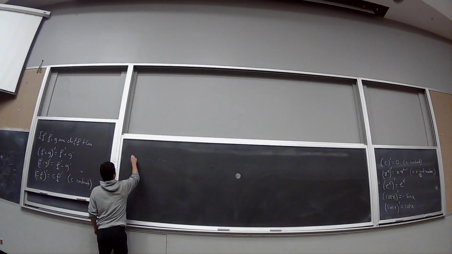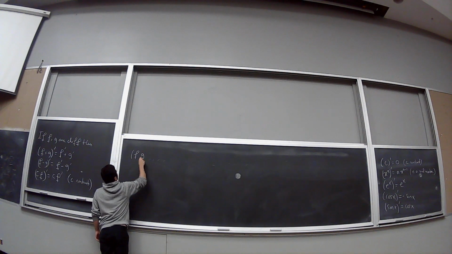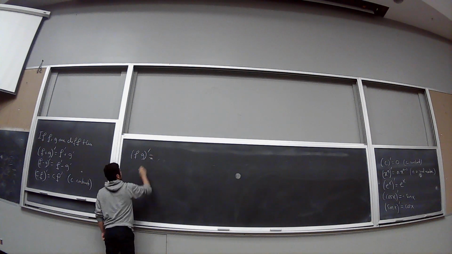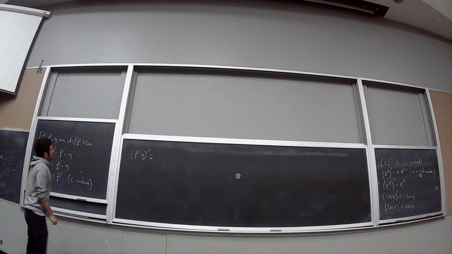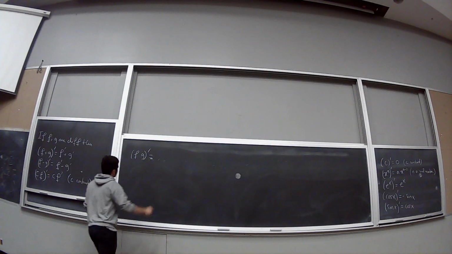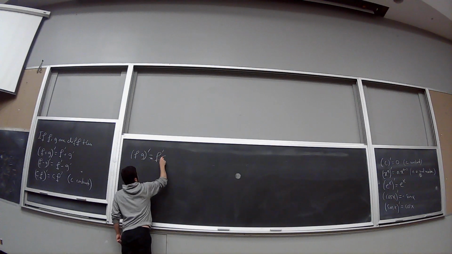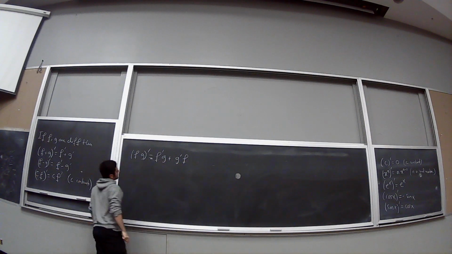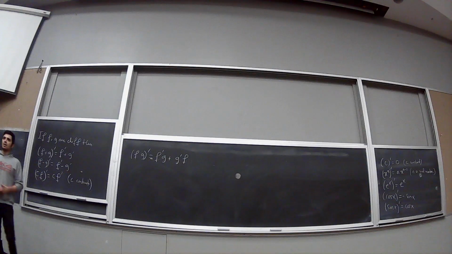I don't know if I should prove it or not, but let us look at the derivative of a product. We will show that (fg) prime is f prime times g plus g prime times f.